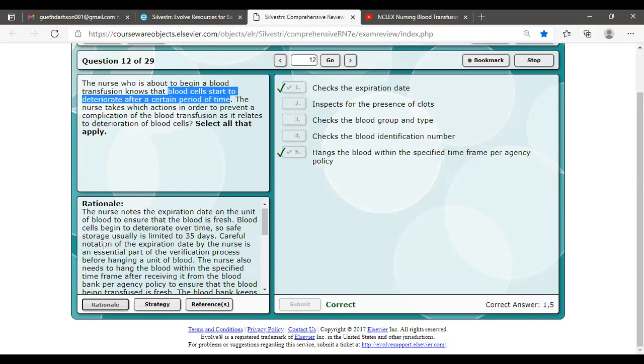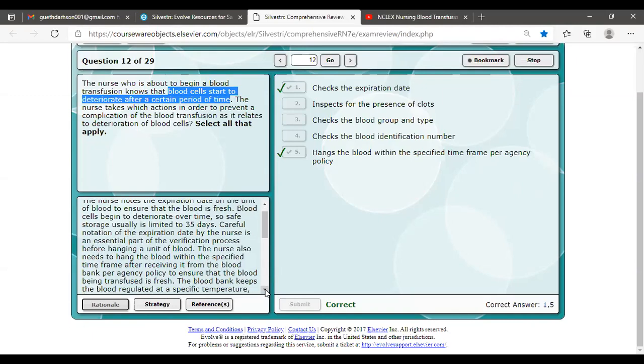Careful notation of the expiration date by the nurse is an essential part of the verification process before hanging a unit of blood. The nurse also needs to hang the blood within the specific time frame after receiving it from the blood bank per agency policy to ensure that the blood being transfused is fresh.